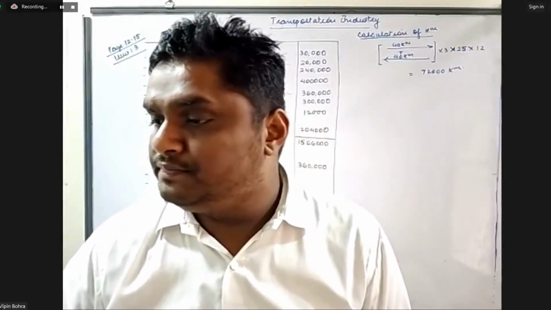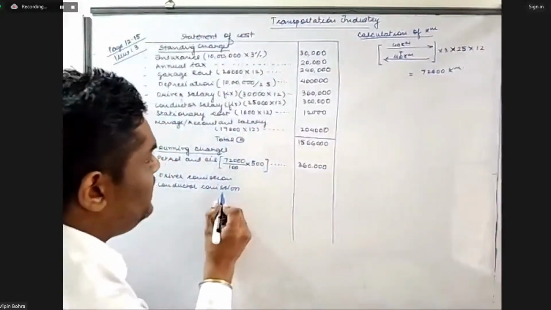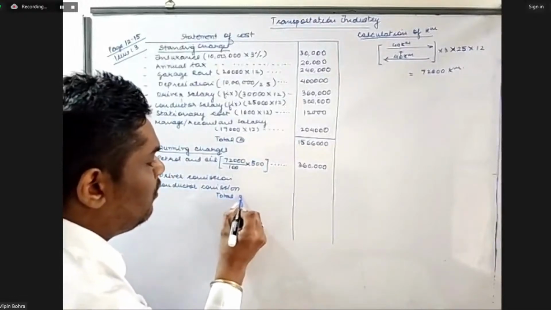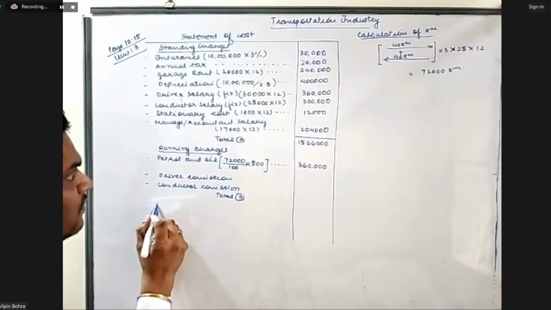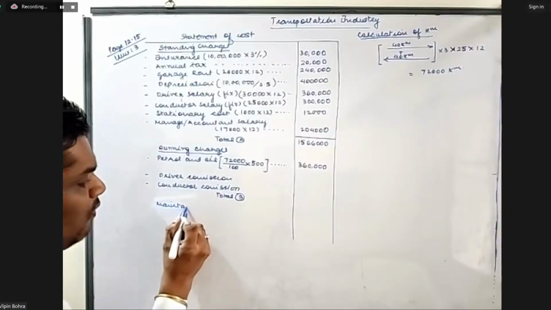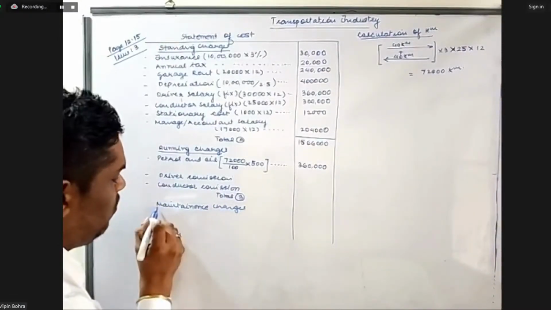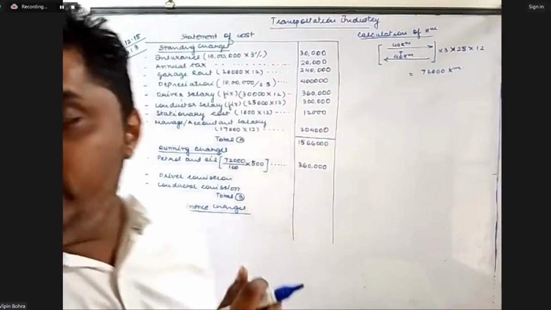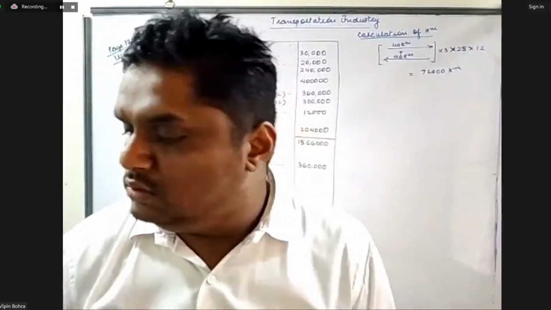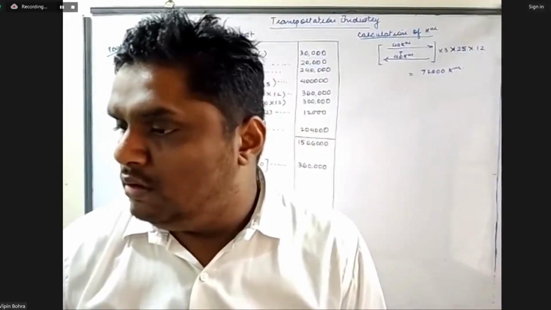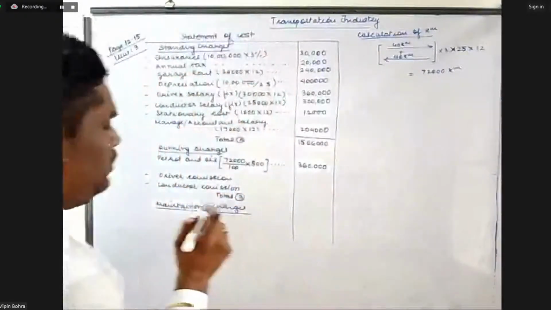Now the maintenance charges, so the total of these 3 will be total B. Now the maintenance charges, herein in the question the repairs are given, that is 2 lakh 4. Annual repairs are given, that is 2 lakh 4,000.